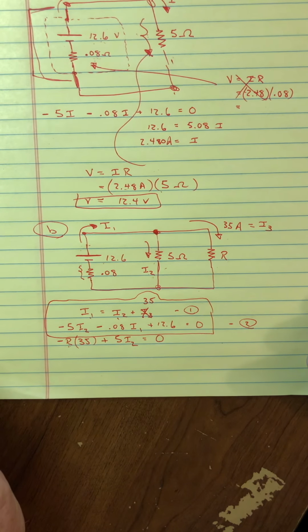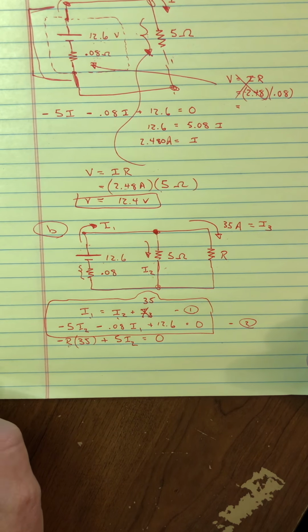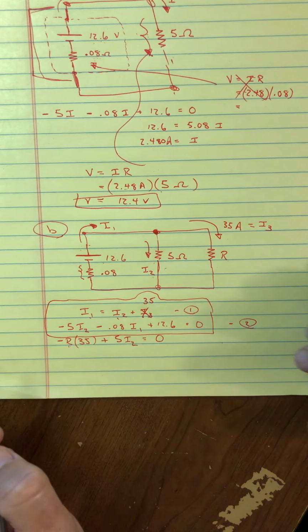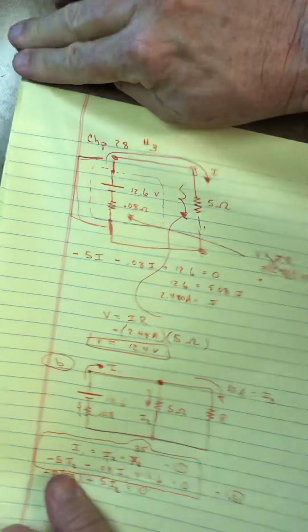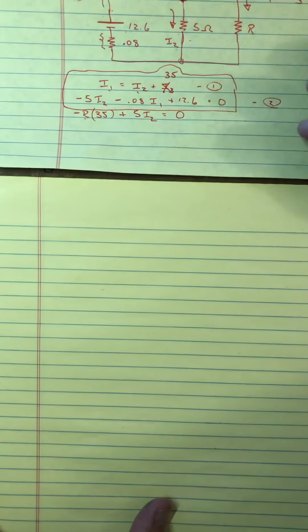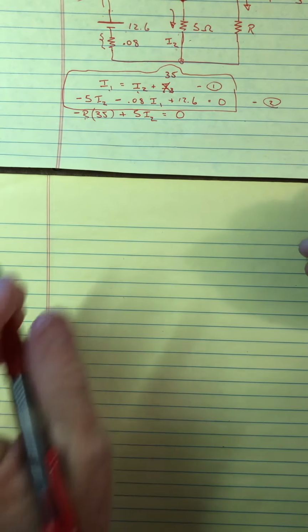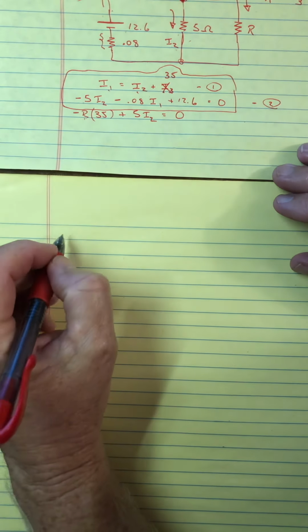So if we were just to take a subset here, we get kind of lucky. These two equations have just two unknowns. And so instead of getting my calculator out and doing a little matrix, I'll do this one by hand. Let me start with this second row here.